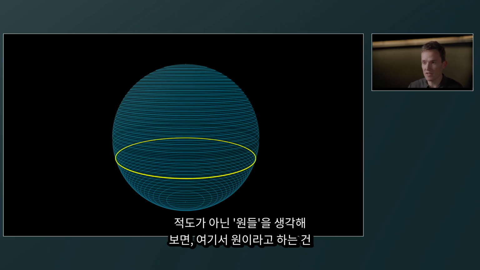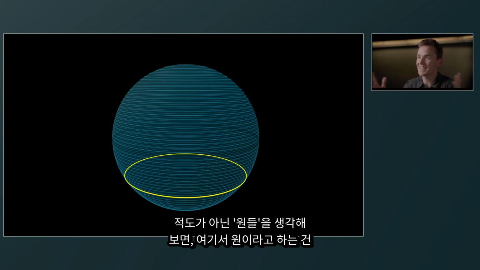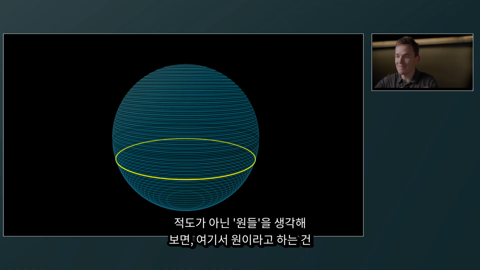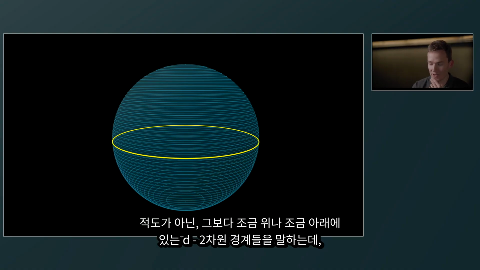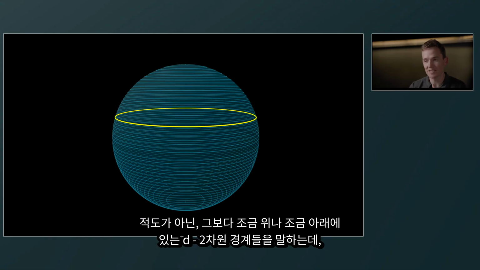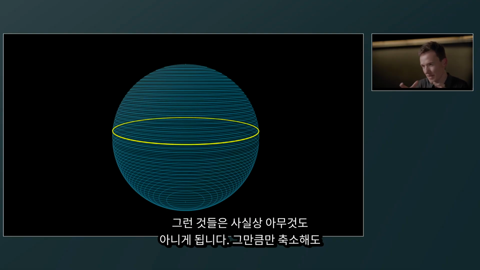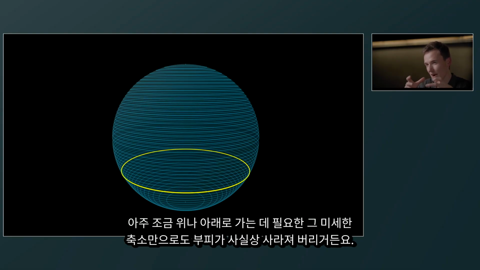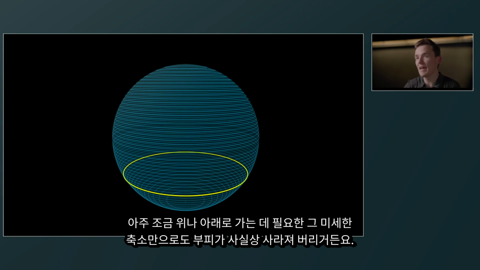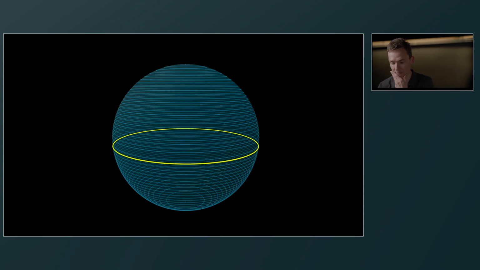So if you think of the circles that aren't the equator, and I say circle, the d-2 dimensional boundaries that aren't the equator, but are just a little bit up from it, or just a little bit down from it, those ones end up becoming effectively nothing, because that tiny bit of scaling that's required to get just a little up or just a little down essentially makes their volume disappear.